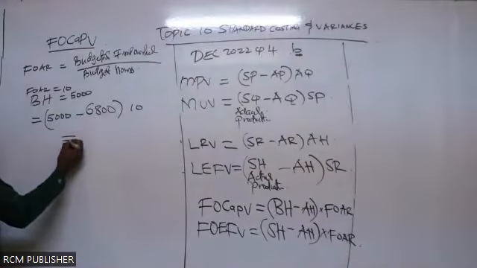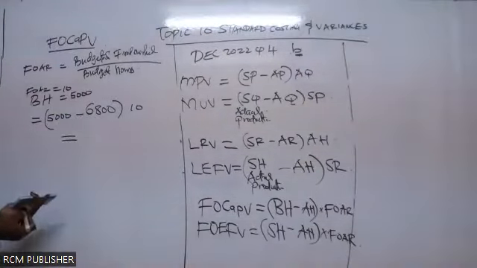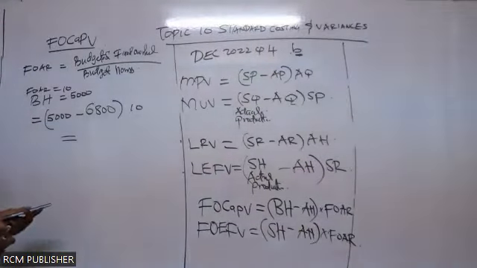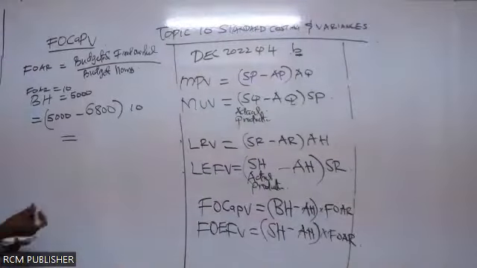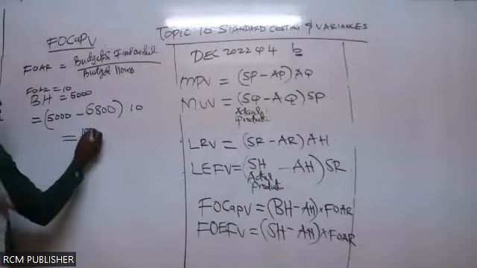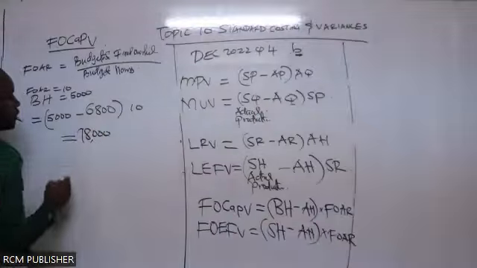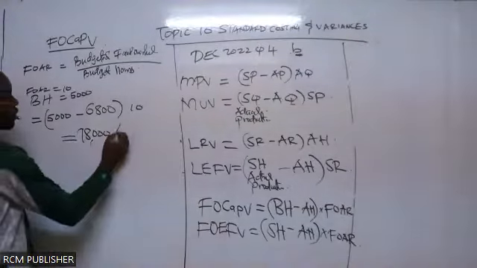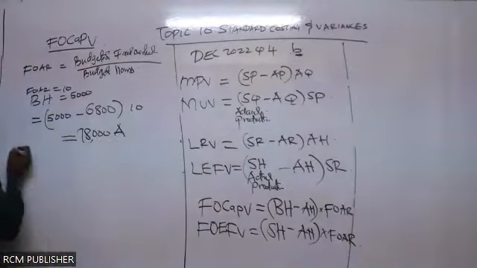Is it adverse or favorable? The difference is going to be 1,800, which is giving us 18,000. So is it adverse or favorable? It is adverse.